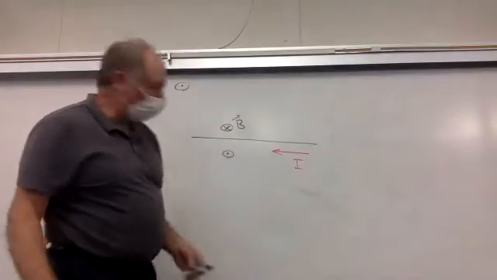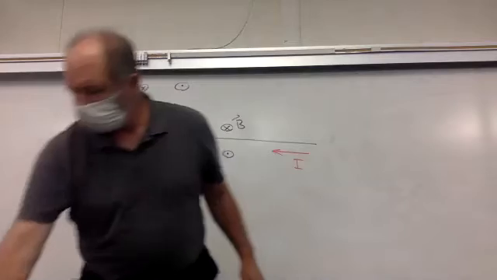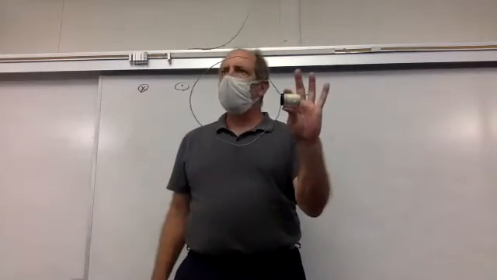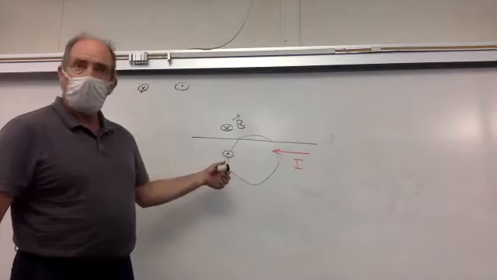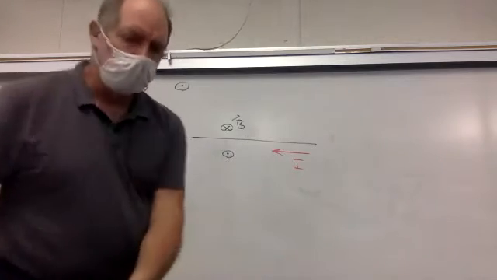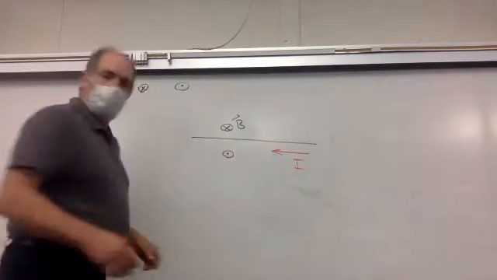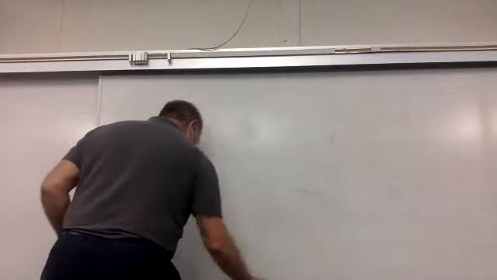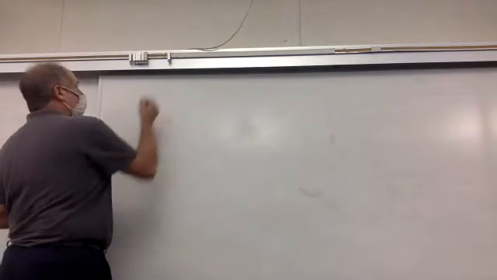Now, having a straight wire is kind of interesting, but we can make it more interesting if we take that wire and make it into a loop. Let's make it into a loop of wire. So instead of this, let's have a loop of wire.